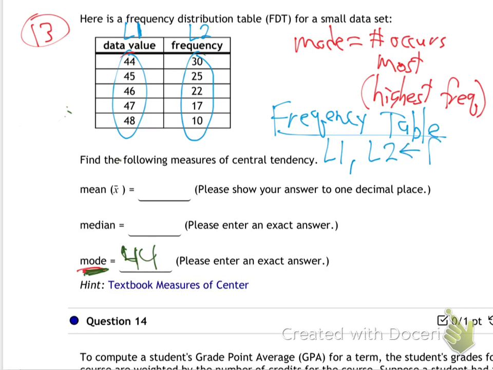L2 has to be the frequencies. You can't switch them. You've got to have L2 be the frequencies, which is great. That's how it's already set up, so no problem. So step 1, put all the data and the frequencies in L1 and L2.